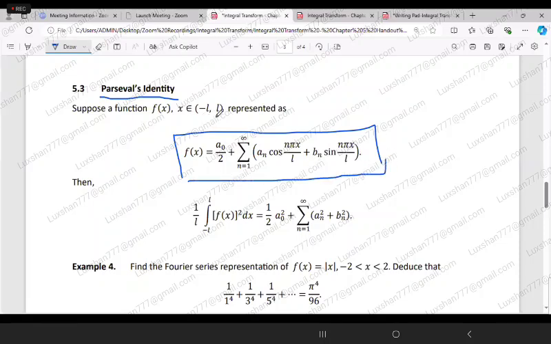Here we have the range from minus L to plus L, so our c is equal to minus L, and c plus 2L is equal to L. So from this one, you have to understand that the period is 2L.